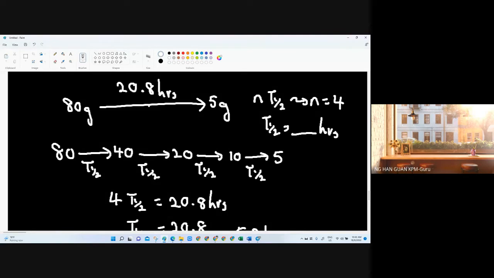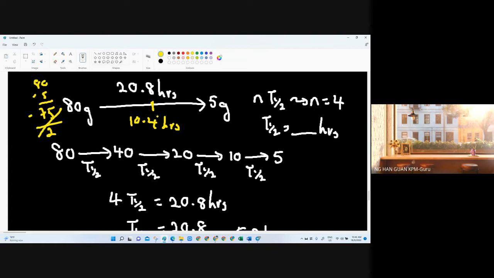You cannot say, oh teacher, I know already, so if it's 10.4 hours, 80 minus 5 is 75, divided by 2 is 37.5, so 80 minus 37.5 remains 42.5. You cannot do the calculation like that, the concept is wrong.